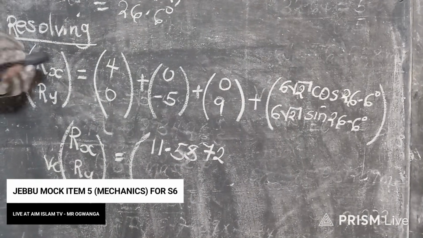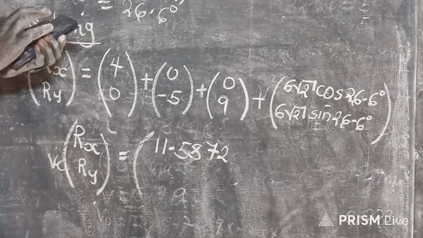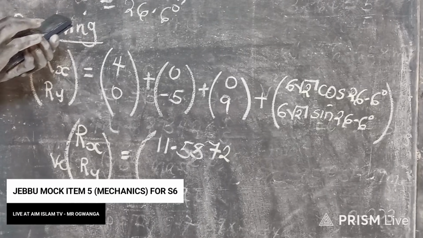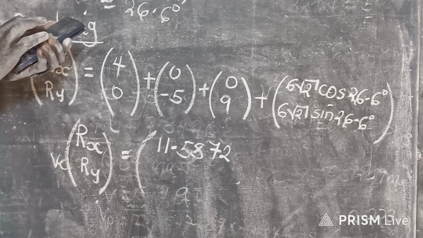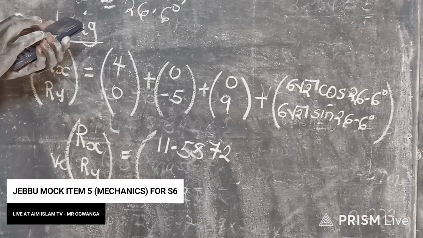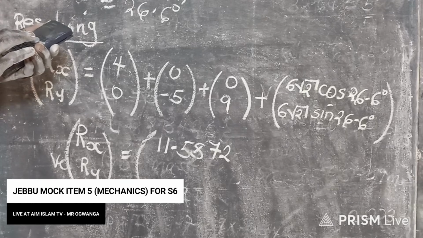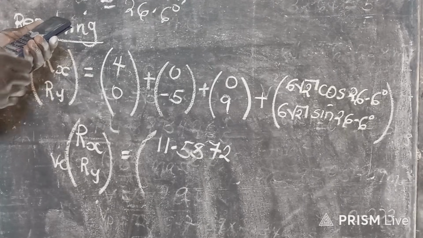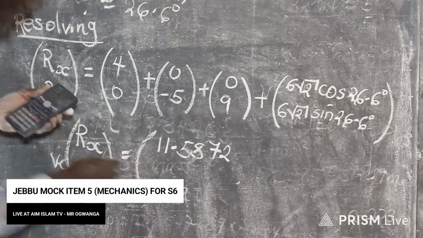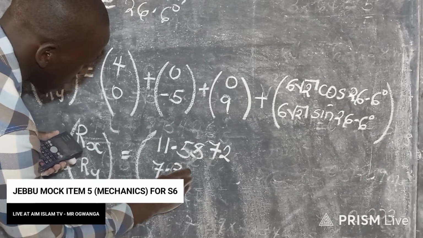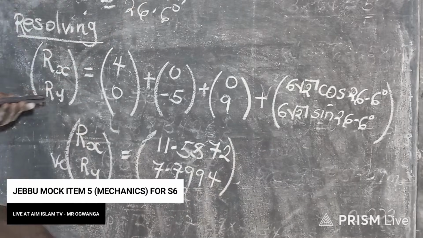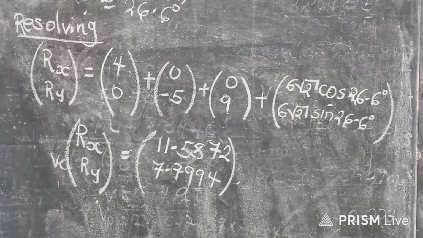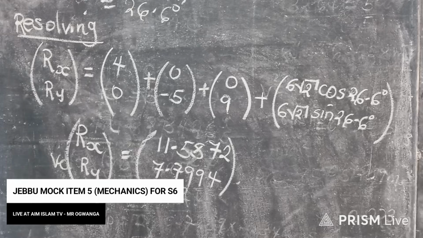Then on the vertical we'll have negative 5 plus 9 plus 6 root 2 sine of 26.6. So this one is the same as 7.7994.